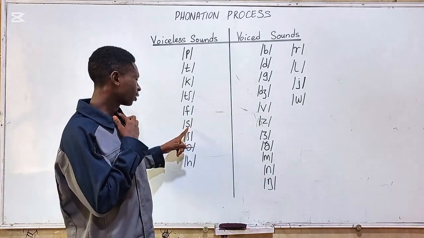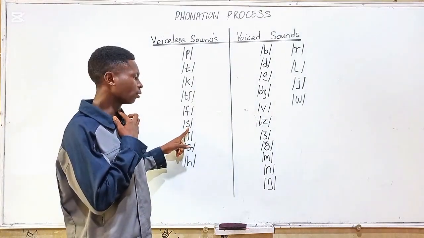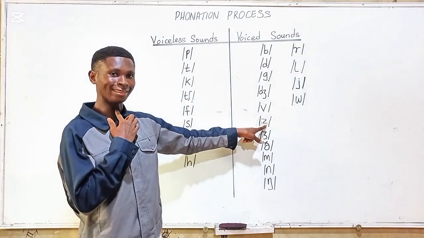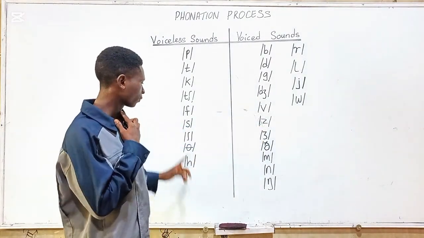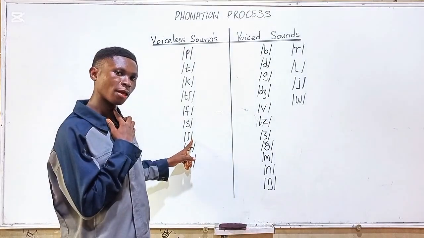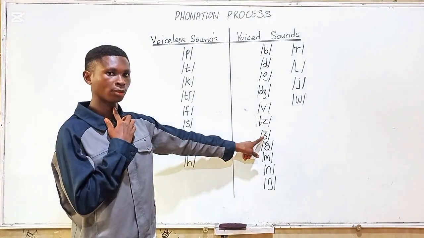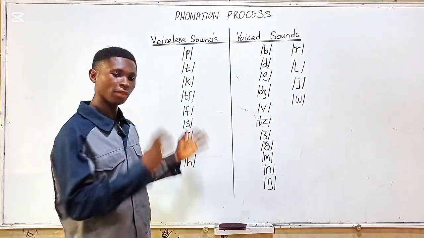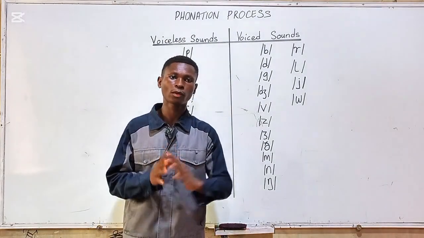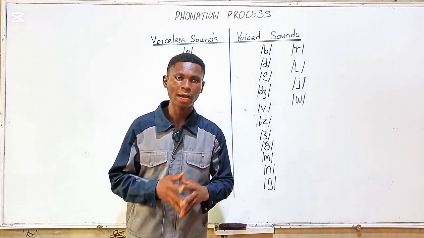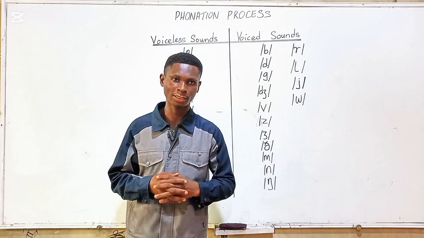When you say this, there's no vibration, but when you say this, there is vibration. When you say shh, there's no vibration, but when you say zh, there is vibration. So that's the difference between voiceless consonant sounds and voiced consonant sounds.